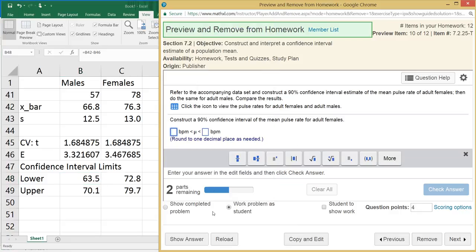So we'll go ahead and put this in here, 63.5. And then we're doing the female. Oh, I'm starting with the males. It says construct the confidence interval for the mean pulse rate for adult females. So they want the females first here. So let me back that up. That should be 72.8 and 79.7.